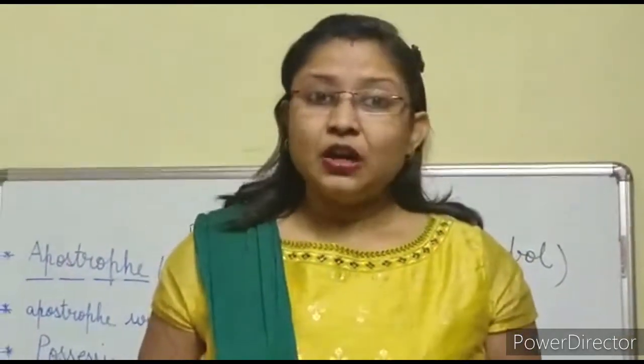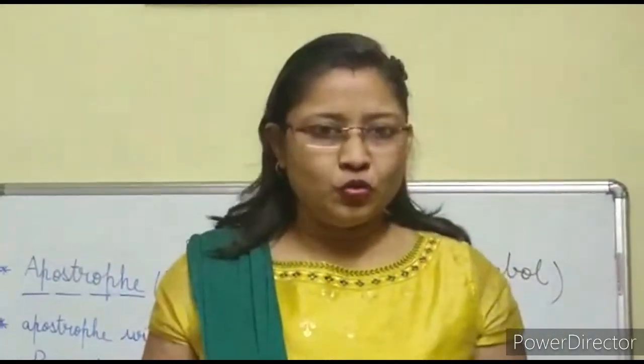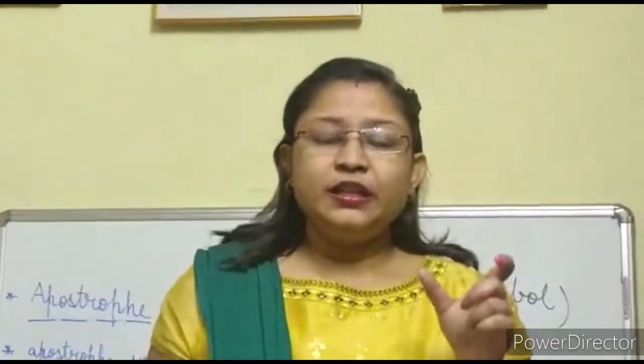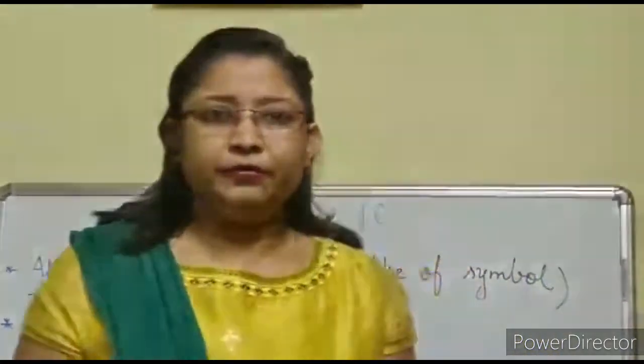Now I will explain how apostrophe is used in possessive forms. Possessive form means it shows belonging, something which belongs to you or to me or to someone else. And students, there is a difference in the use of apostrophe in singular case and in plural case. So have a look at the board now, students.